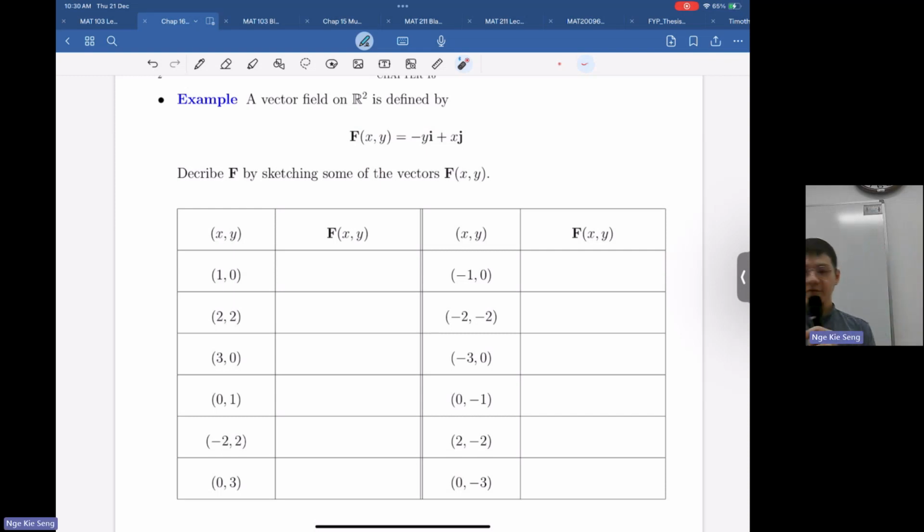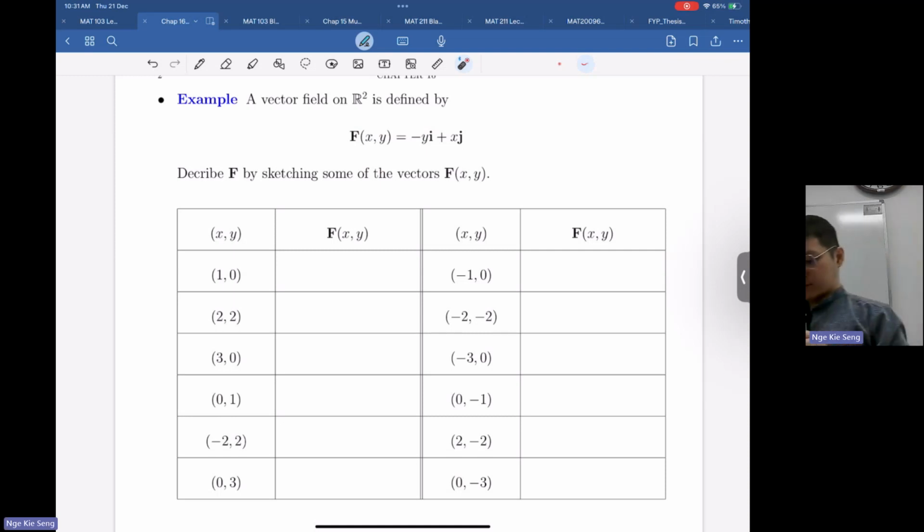So try and find, for each point here, the corresponding vector given by the vector field. If you can, try and plot it out. Keep this example in your mind whenever you see a vector field later. This is a prototype for a vector field.